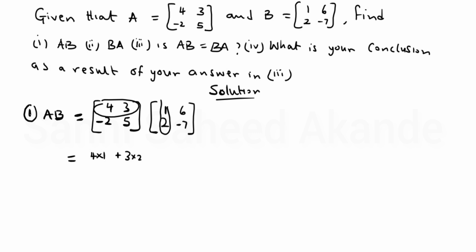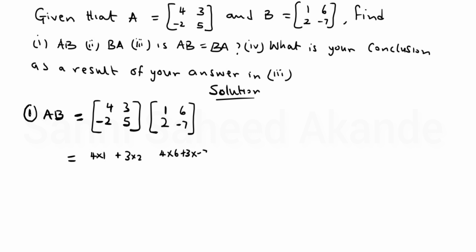Okay, so let's continue. Then still the first row, we want to use it to multiply the second column in the second matrix. So we now have 4 times 6 plus 3 times minus 7.